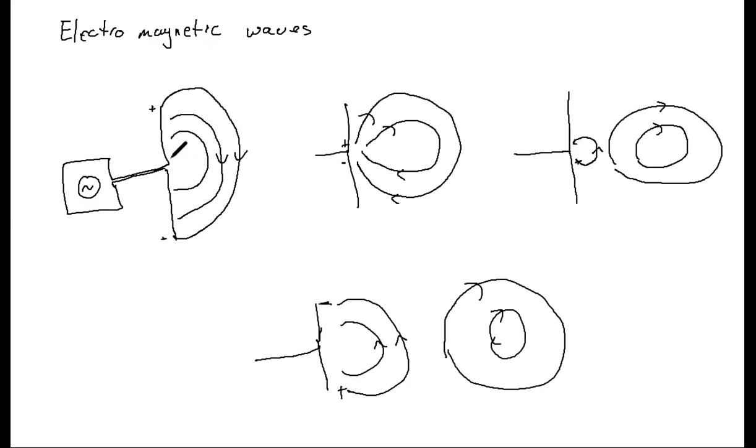You can imagine it's almost like smoke billowing off away from this antenna. You get these little bubbles of field lines that just kind of migrate off to the right. That's kind of an interesting picture, and it turns out to be pretty accurate.